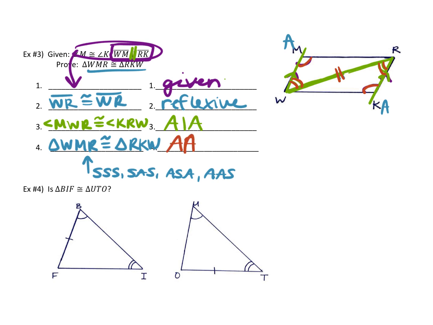Because it's not the included side, right? ASA would be if we knew these two sides were congruent, but we don't. We know they're parallel. We don't know they're congruent. Well, now we do, because we proved the triangle is congruent. But you got to make sure AAS is not the same as ASA.